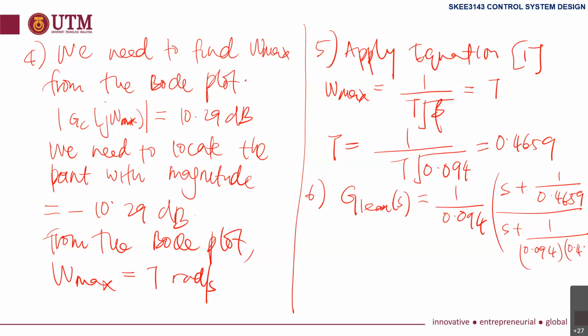With T of 0.4659. Then you can rewrite this in a better form. Any question here?